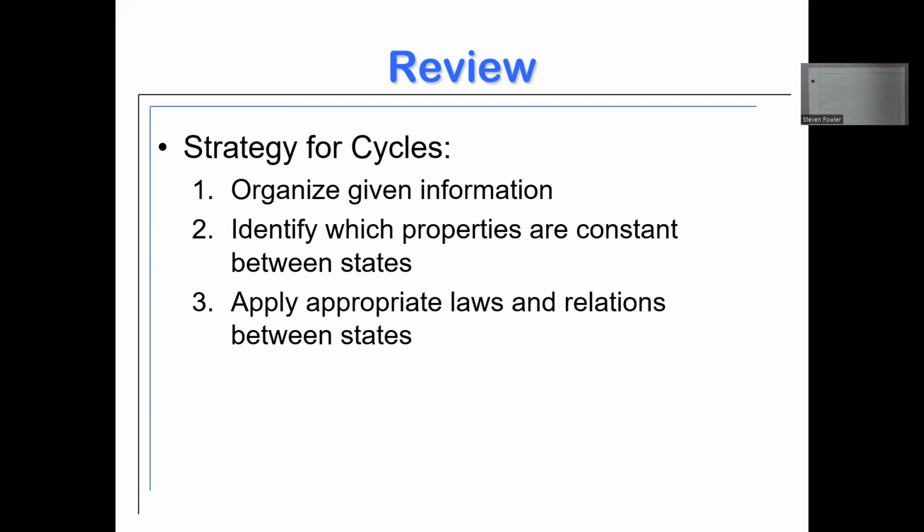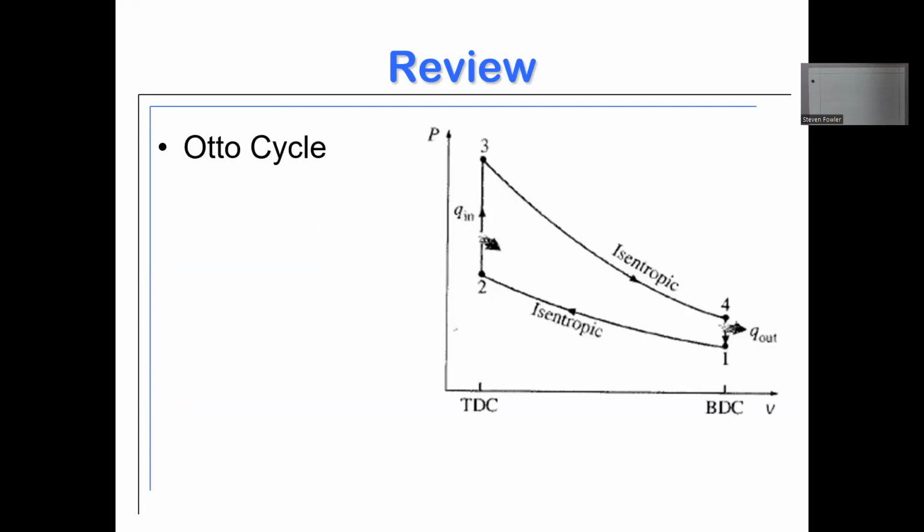Organize your given information, figure out what properties you know, what properties you can find, and then identify all laws and relationships that you can apply between the states. Draw diagrams, and look back at your diagrams, so you have an idea what each of these states are referring to. So if the problem statement says things like prior to the isentropic compression, you know what state it's referring to.